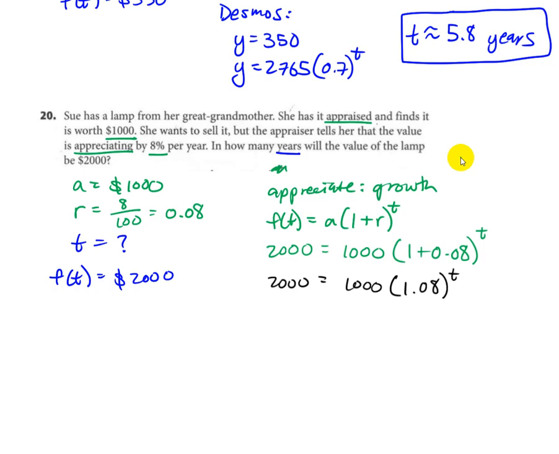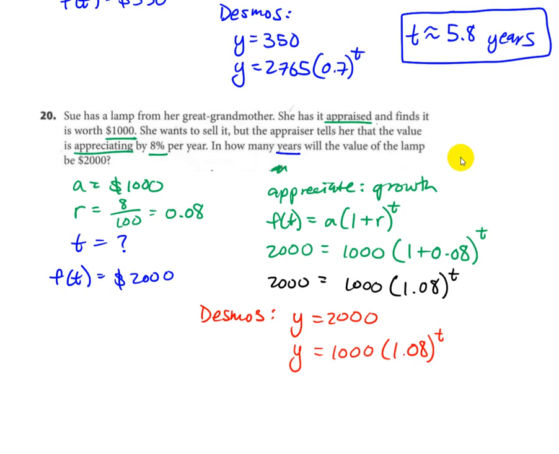Now we're going to use Desmos to try and figure this out. So on the left-hand side, we're going to graph the equation y equals 2,000. And on the right-hand side, we're going to graph the equation y equals 1,000 times 1.08 raised to the power of t.